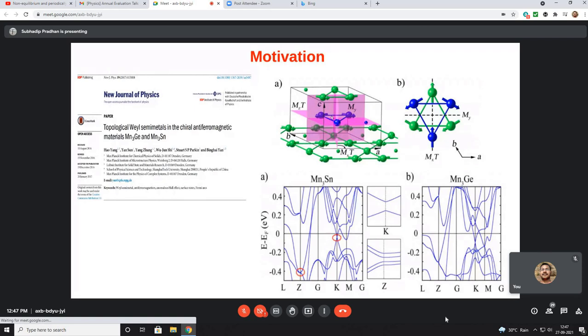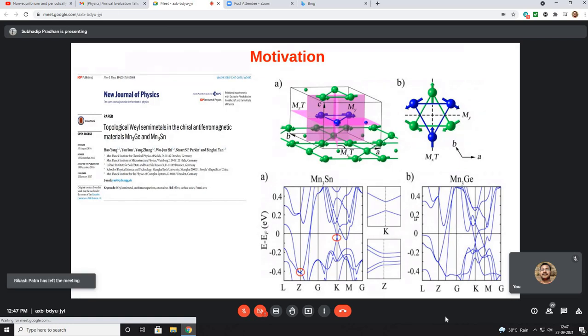So for this antiferromagnetic spin structure for Mn, and for this crystal structure, the two-layer hexagonal crystal structure, they calculated with first principle calculations the Mn3Sn and Mn3Ge band structure, and they found that with spin orbit coupling they get this type of band structure.